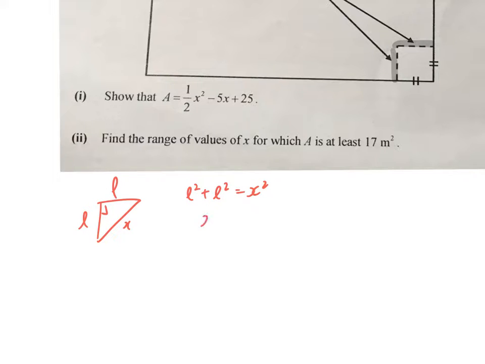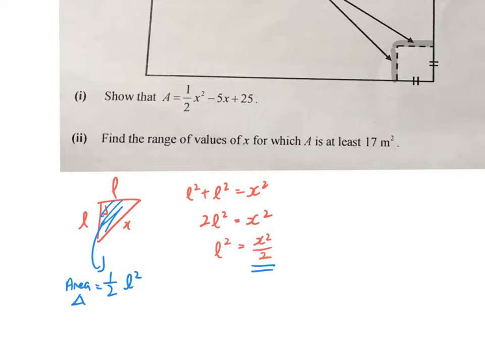Then since 2L squared is equal to x squared, you can see that L squared is equal to x squared over 2. And if you look at this triangle, actually it's very clear cut. The area of the triangle is half times base times height, which is half times L squared.